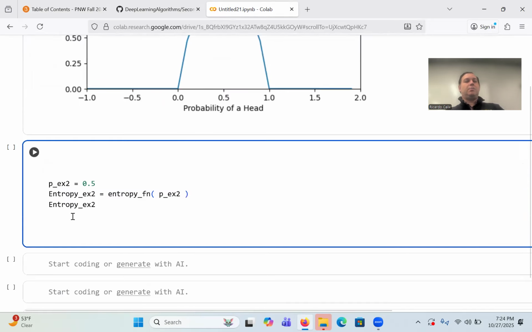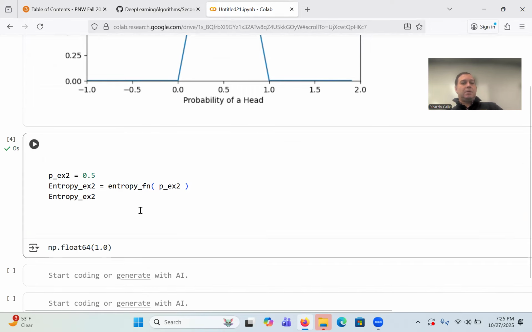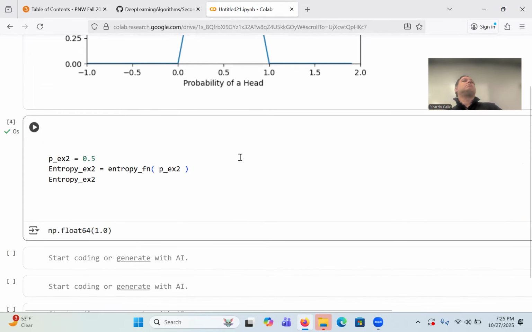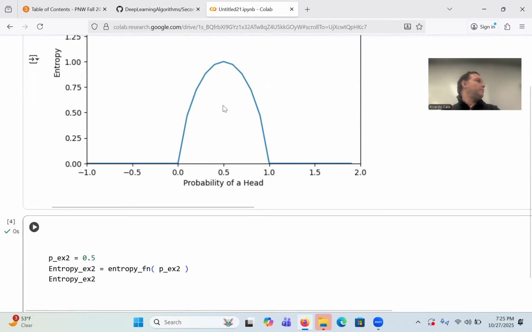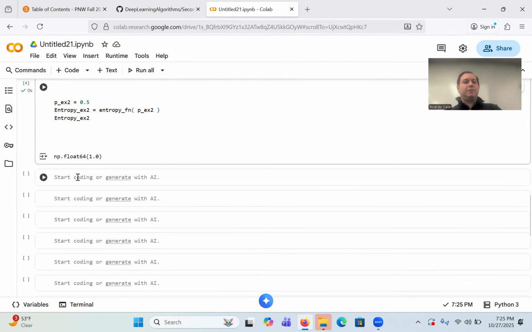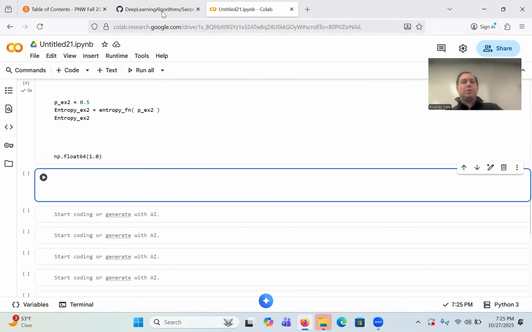Okay, so example 2, probability of 0.5, and you can see it is in fact 1, entropy of 1. All right, so that's just to corroborate the function as it works.